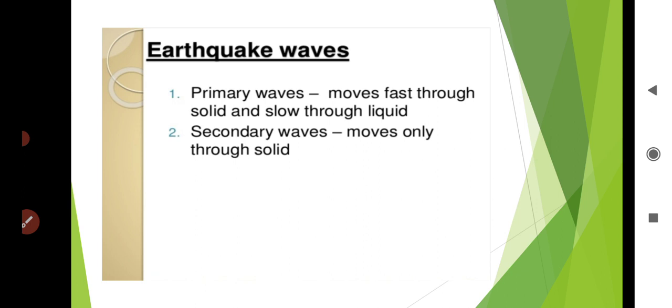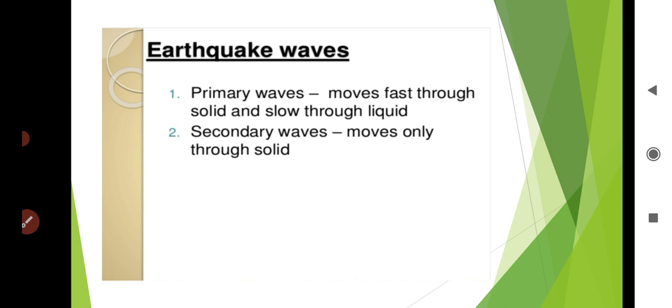And the third is the long or ground waves. Now, first, what are primary waves? They are commonly known as P waves. They are similar to sound waves and are compressional in nature. The movement of these primary waves is a to-and-fro movement in the line of propagation.